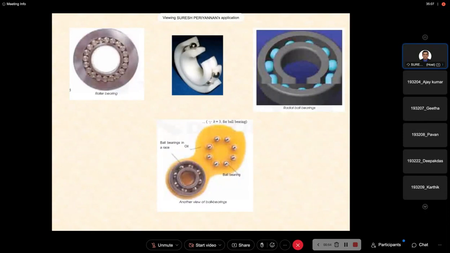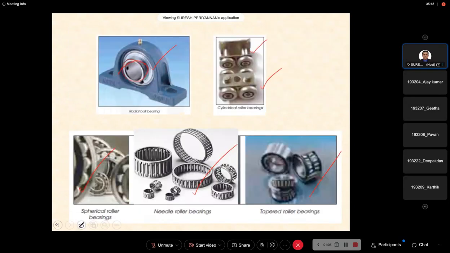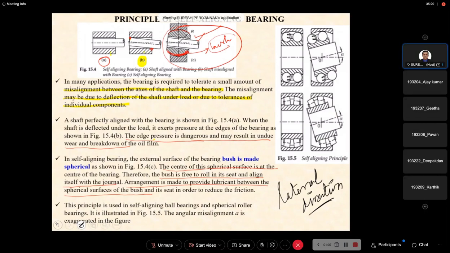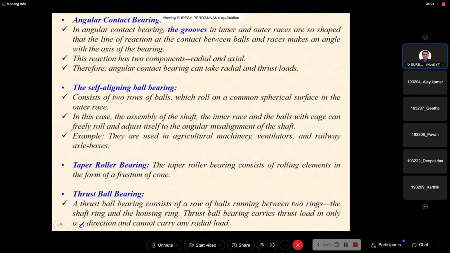We discussed this yesterday, but you can get more clarity in the video. Now, we started yesterday with the rolling contact bearing, and I will go through it as a quick recap.